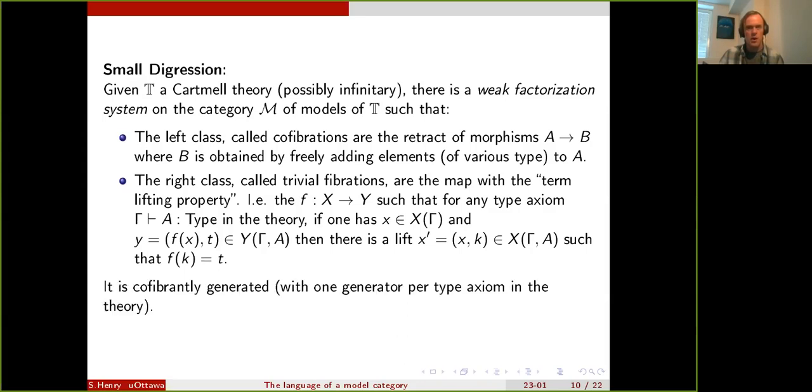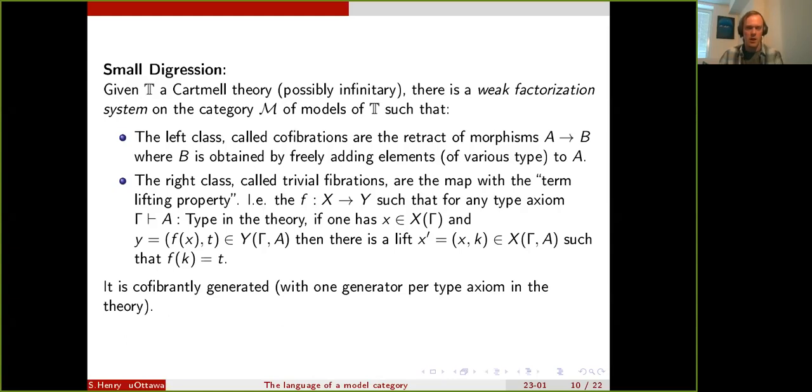Yes. So, okay, if you know what it means, this factorization system is cofibrantly generated, and it has exactly one generator per type axiom in the theory. So we have a fairly explicit set of generators, and you can actually use that to go the other way, try to guess what Cartmell theory could have generated a certain factorization system you're interested in by looking at the generators of the factorization system and saying that those should be the type axioms of your theory.